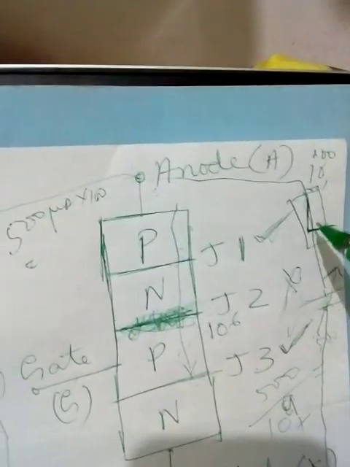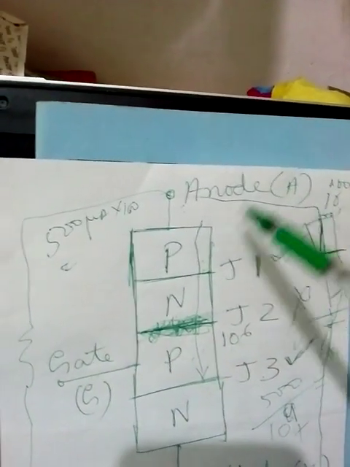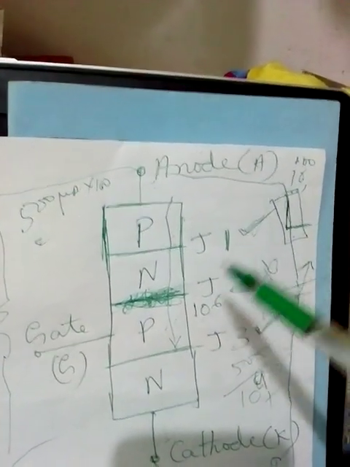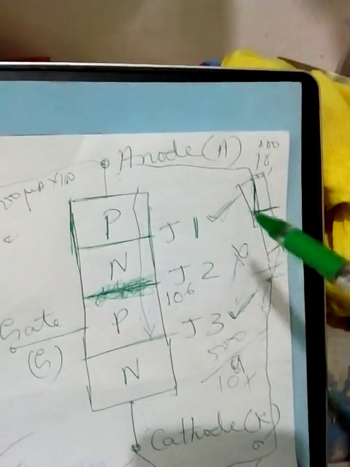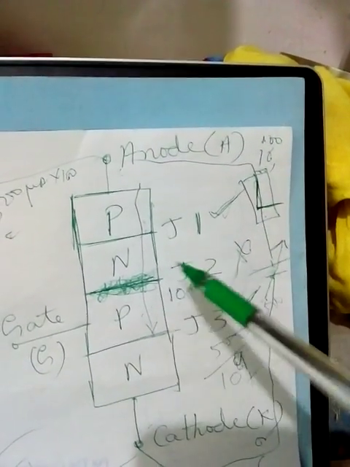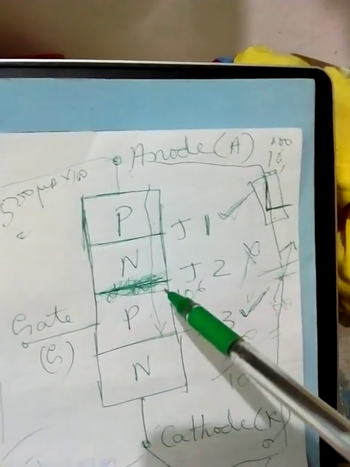It is negligible. So this leakage current, which is forward leakage current, we call it forward leakage current because the SCR is forward biased. So this forward leakage current will not have any effect on load. When SCR is forward biased, it still does not conduct until the applied voltage increases beyond its forward breakdown voltage.